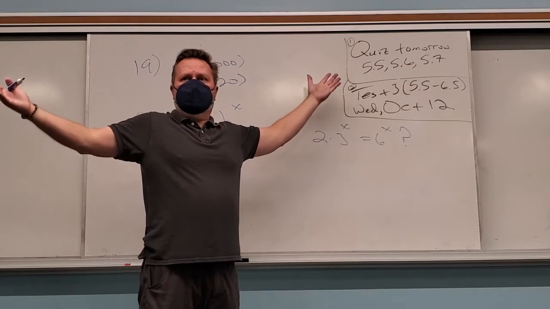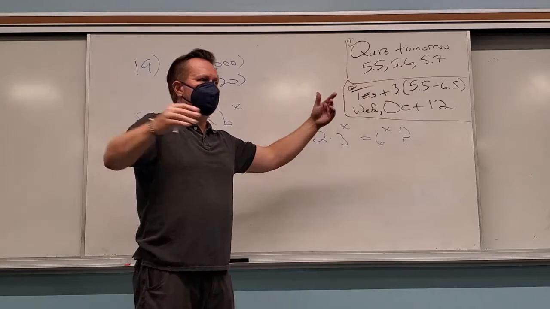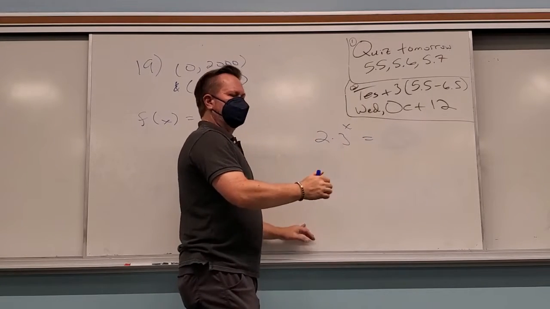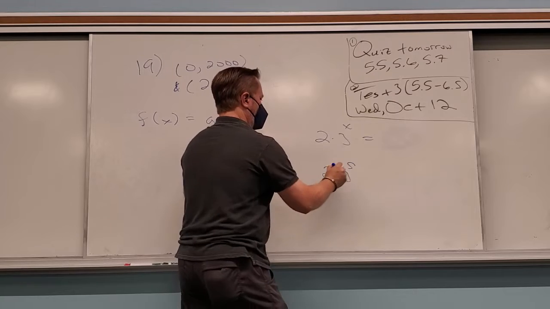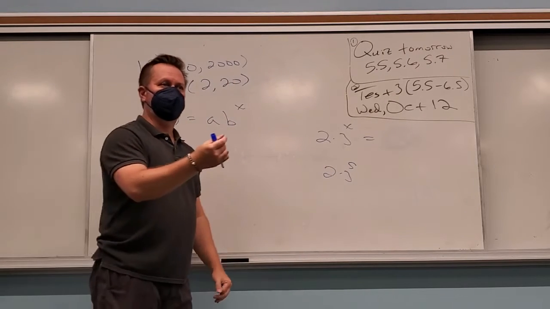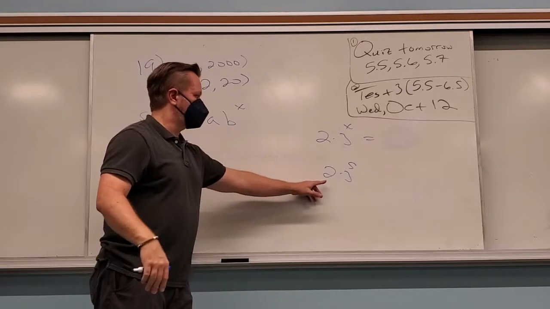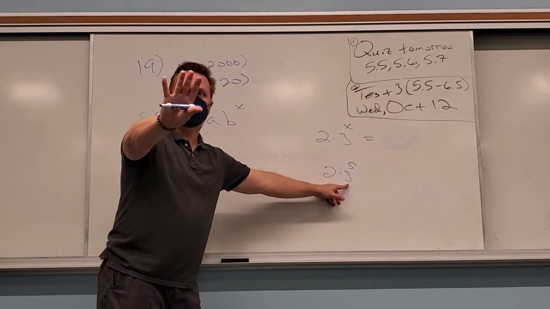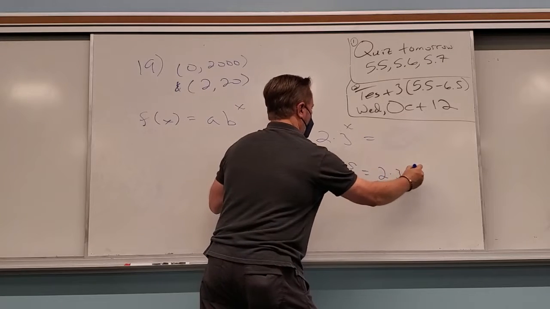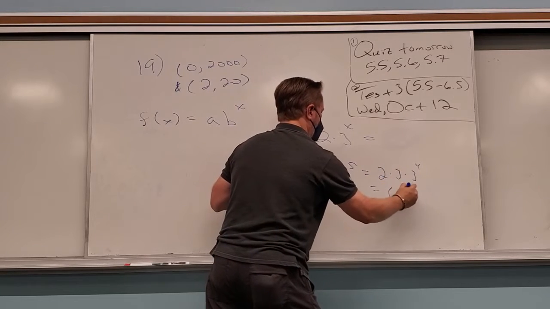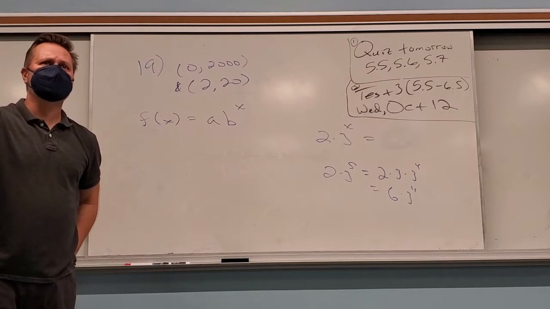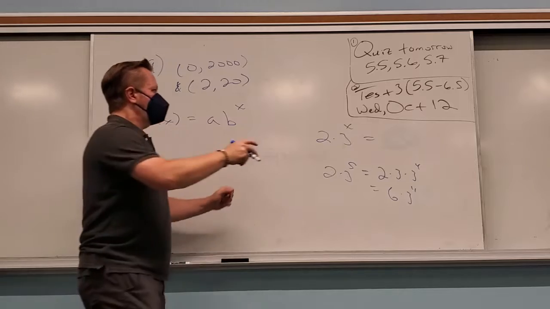All right, what if I had 2 times 3 to the 5th? I can't make 5 6's, correct? Because how many 2's do I have? Just one. How many 3's do I have? I have 5, yes? But I can take one of the 3's and make 1 6, because I have 1 2. Does that make sense?